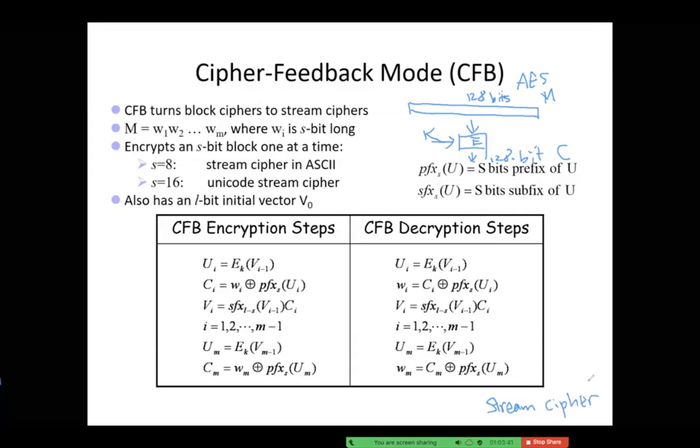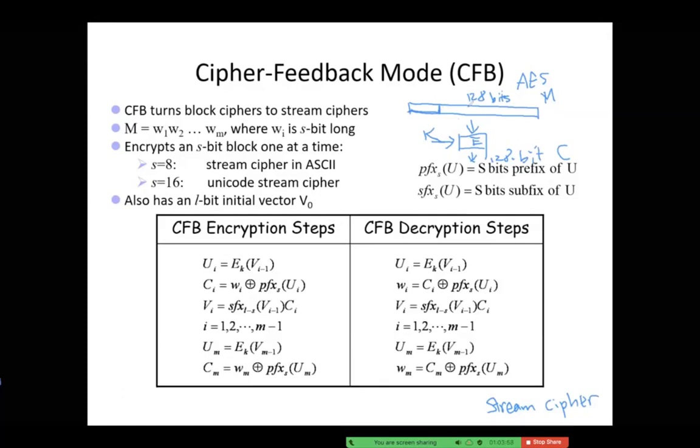The way we do it is to use a part of the output to do encryption, and then we shift, and this part is added to the back.